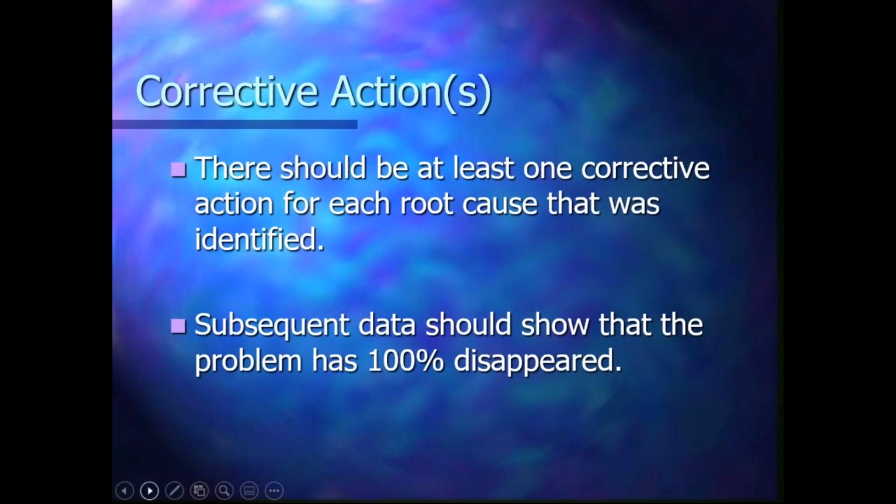Because corrective actions address the root cause, there should be at least one corrective action for each root cause that's identified. And subsequent data should show that the problem has 100% disappeared.